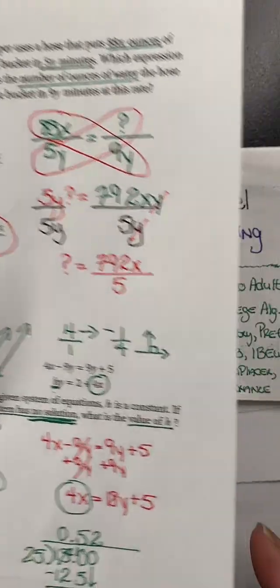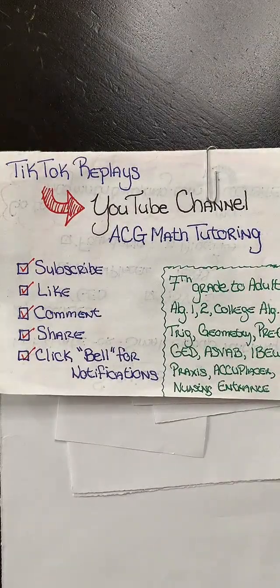So a lot of these problems that I find online, I will go through some of them. Sometimes I go through ASVAB stuff, TEAS test stuff, GED stuff that I used to teach GED back in the day. That's why I always say if you skip slope, equation of a line, system of equations, volume, you're not going to pass the test.